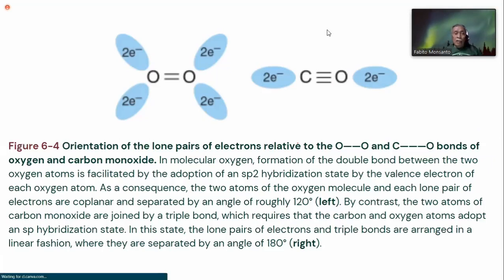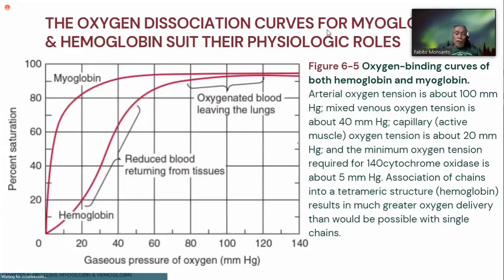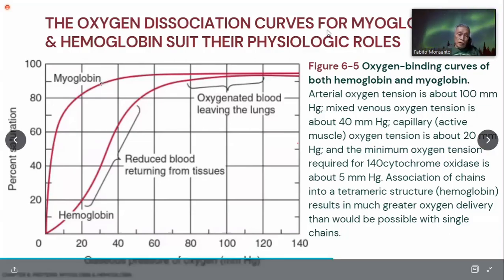All right. Now we'll compare the oxygen dissociation curve for myoglobin and hemoglobin. If you look at this, this is your myoglobin. The myoglobin has what you call a hyperbolic curve, and the hemoglobin a sigmoidal curve.